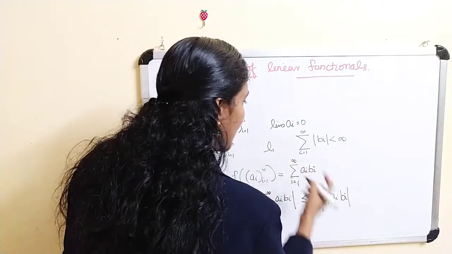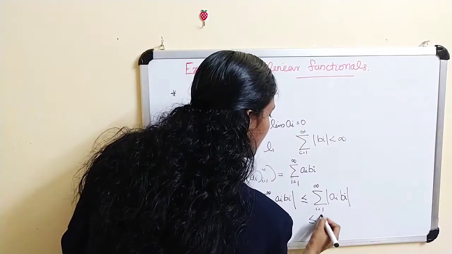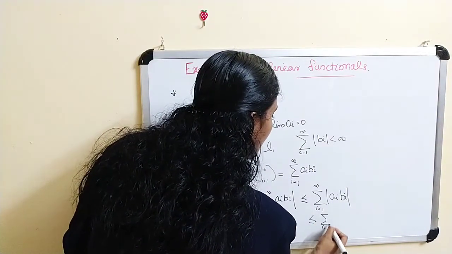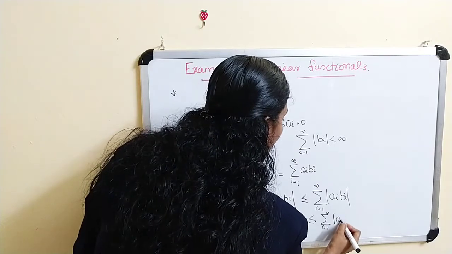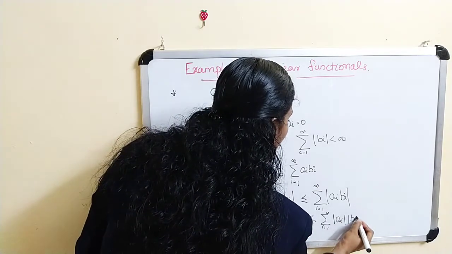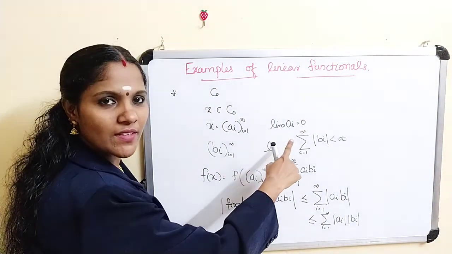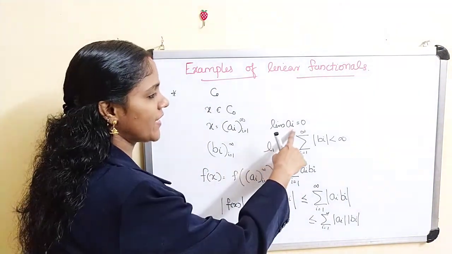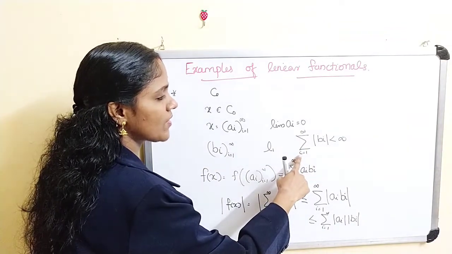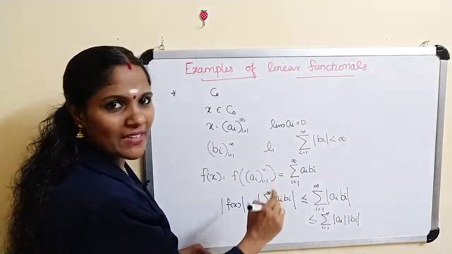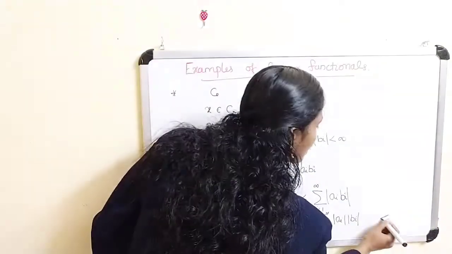These are elements in L1, therefore this is less than or equal to sigma i equal to 1 to infinity mod a_i into mod b_i. a_i is a convergent sequence and therefore limit a_i equal to 0. Also sigma i equal to 1 to infinity mod b_i is less than infinity. Therefore this is also less than infinity.